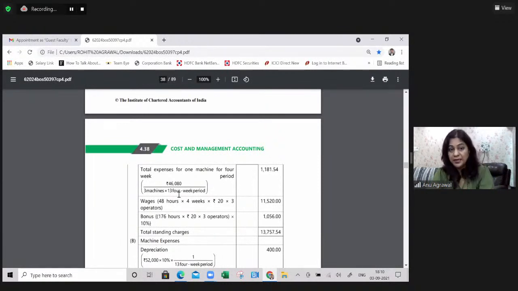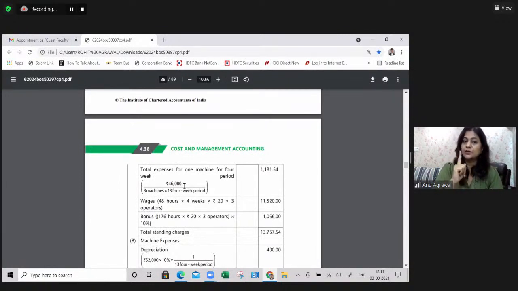Now I understand the biggest problem is that, ma'am, why have we divided this by 13? But if you are doing it for 1 month, if you do 4 divided by 52, it's one and the same thing. 46,080 is for 1 year, right? Now 1 year is equivalent to how many weeks? 52 weeks according to them.